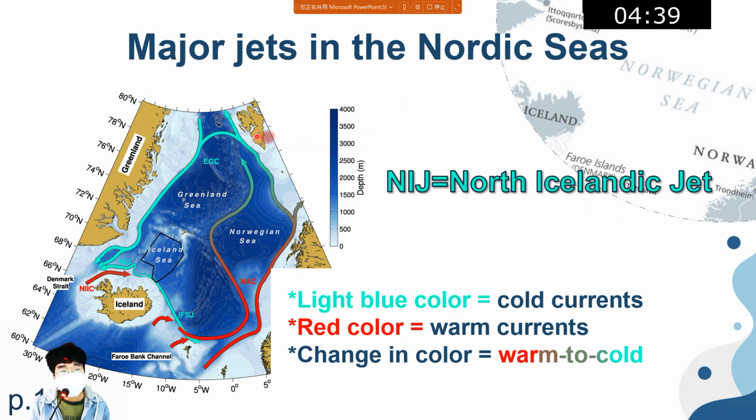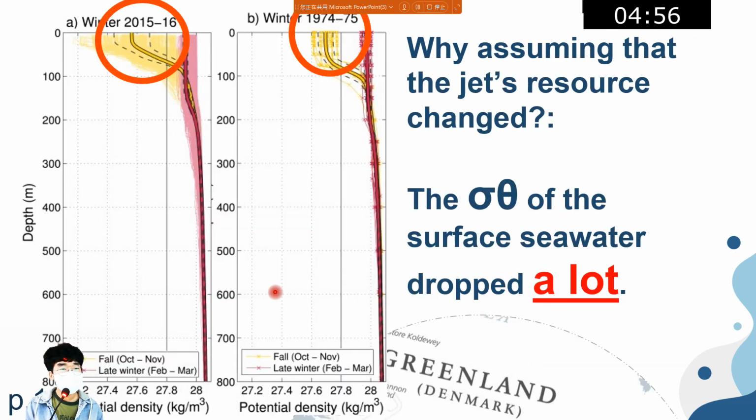There are many major jets in the Nordic seas. The only jet we need to know is the NIJ, the North Icelandic Jet. It is colored in light blue, which means it's a cold current. So why do we assume that the jet's source changed?